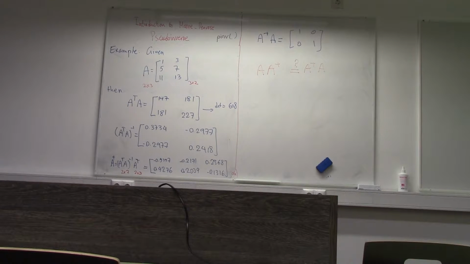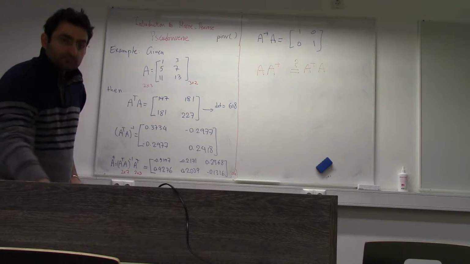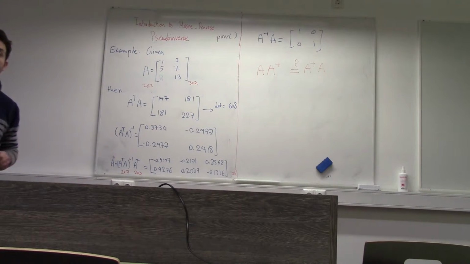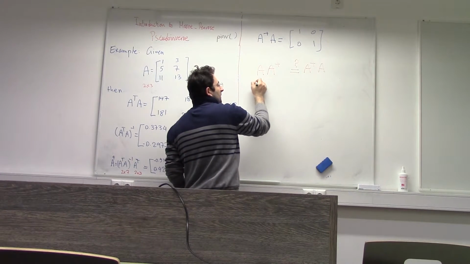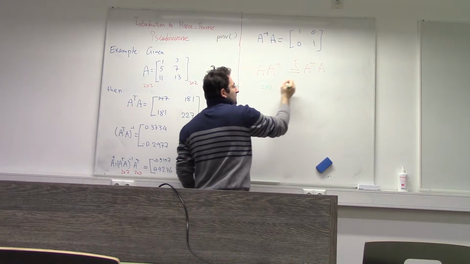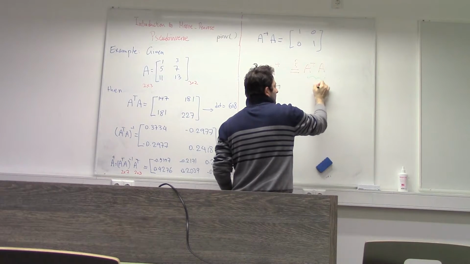If yes, show me. If no, tell me why. We know that the size of this multiplication is 2 by 2, the size of this multiplication is 3 by 3.